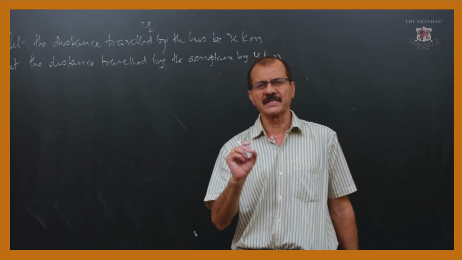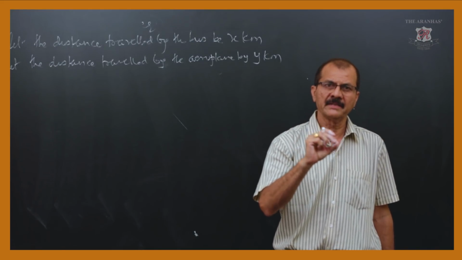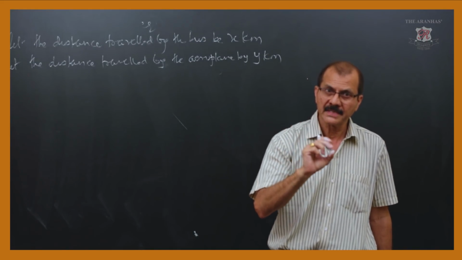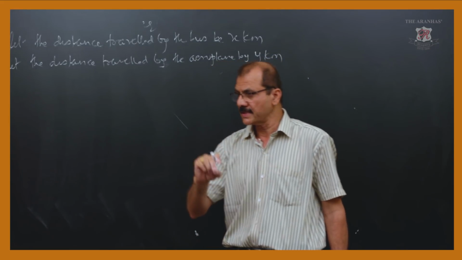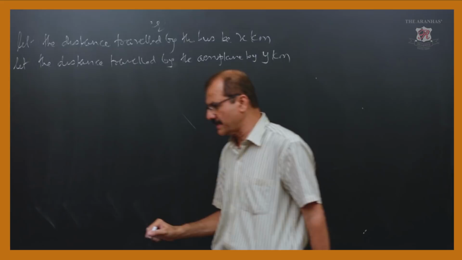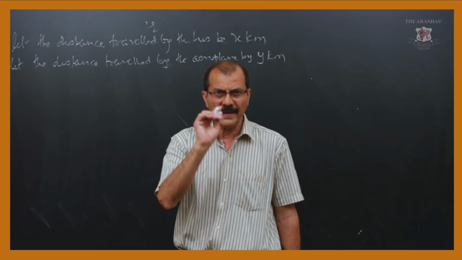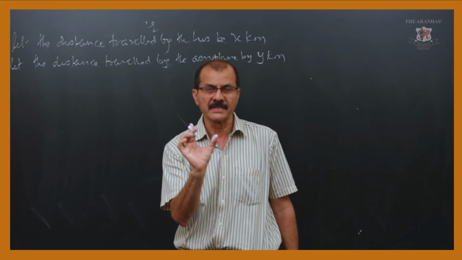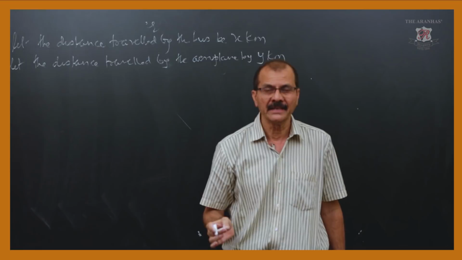Now, total distance travelled means distance travelled by the bus plus distance travelled by the aeroplane. So, distance travelled by the bus is x and distance travelled by the aeroplane is y. So, x plus y is the total distance, but the total distance is given to you, which is 1900.